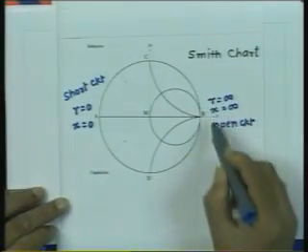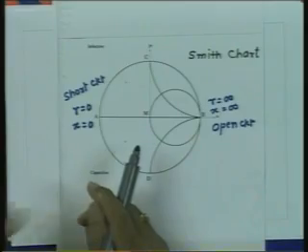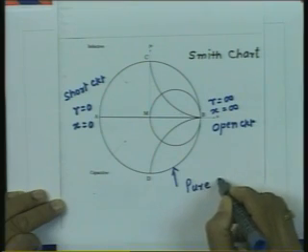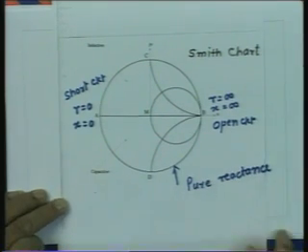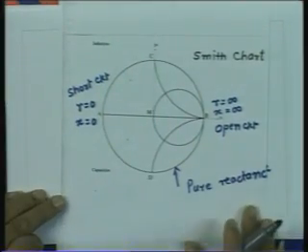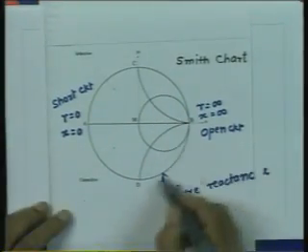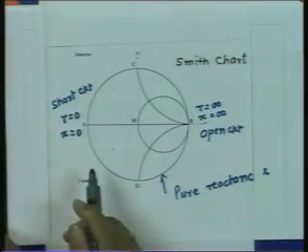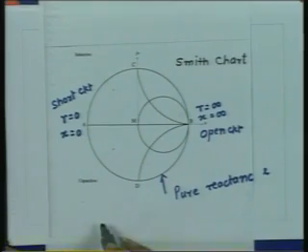All the points which are lying on the outermost circle represent pure reactances. So, any point on the outermost circle is a pure reactance, because for these points r is equal to 0. So, you have points lying on the outermost circle for which the x value changes, but r is always equal to 0. So, they essentially represent the pure reactances.